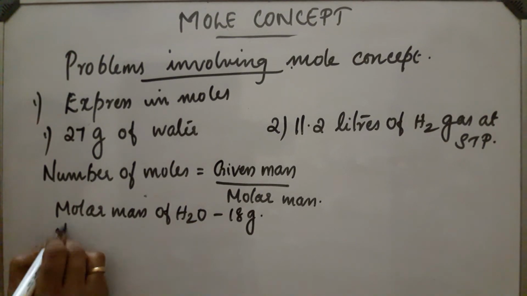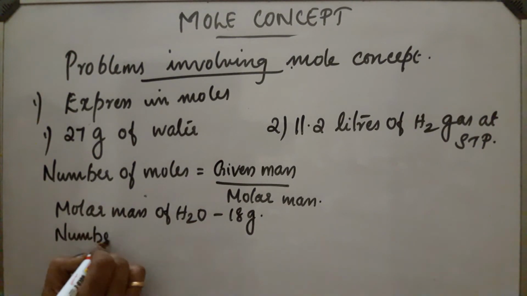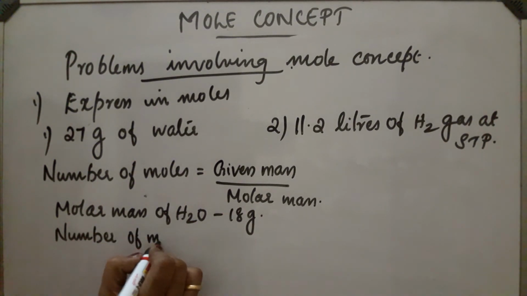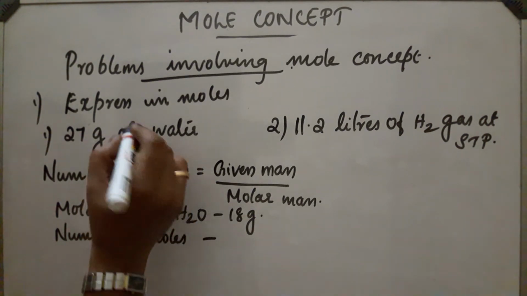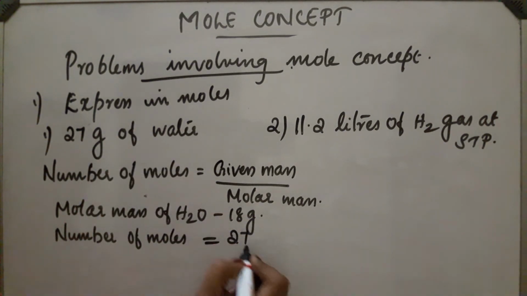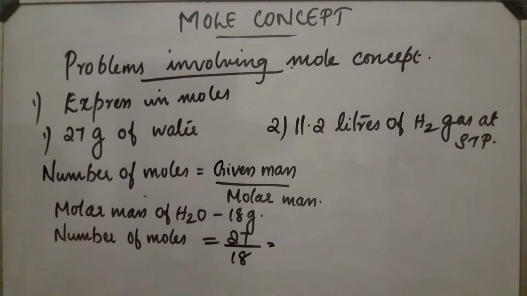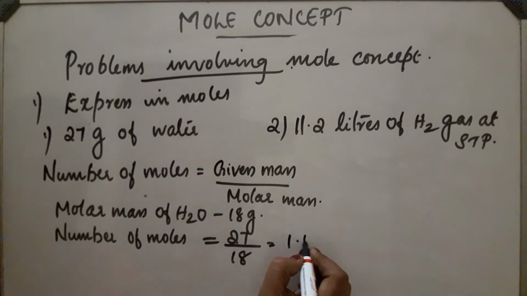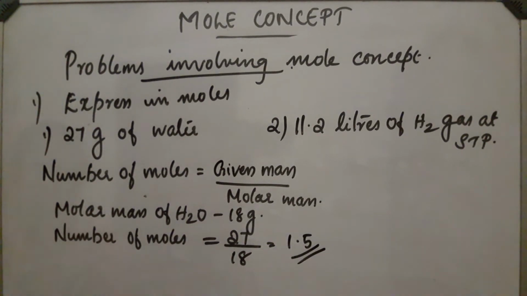So, number of moles will be equal to 27 by 18. The value will be 1.5. This will be the number of moles in 27 gram of water.